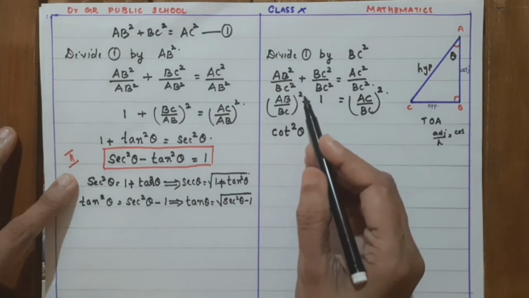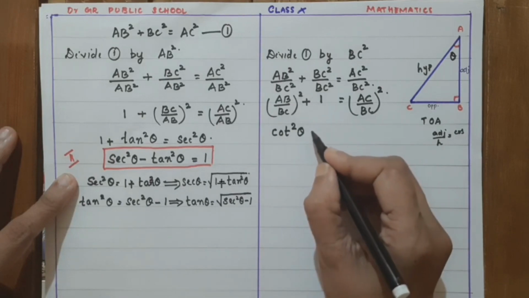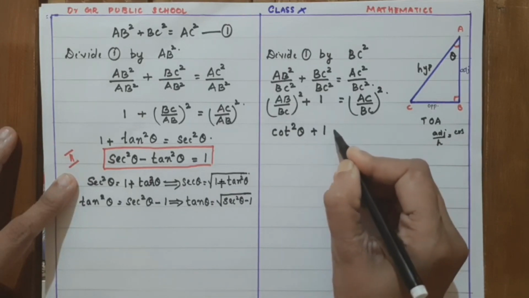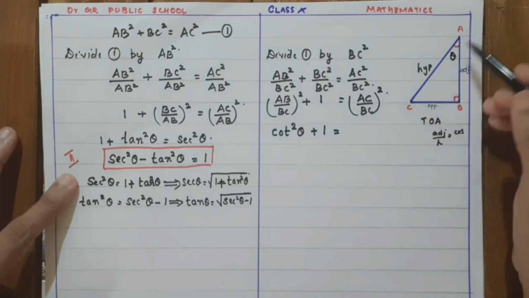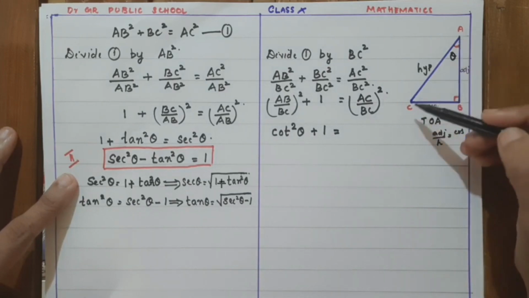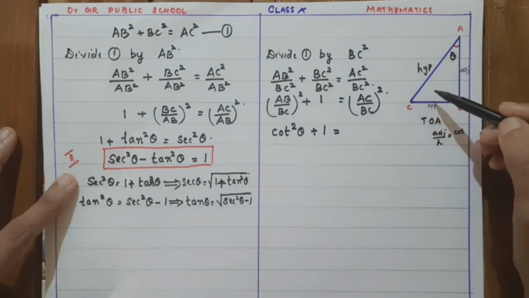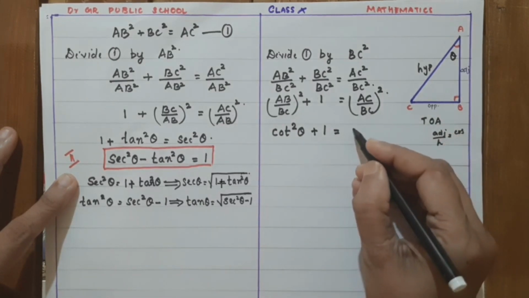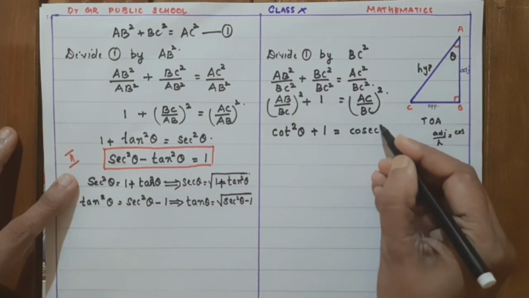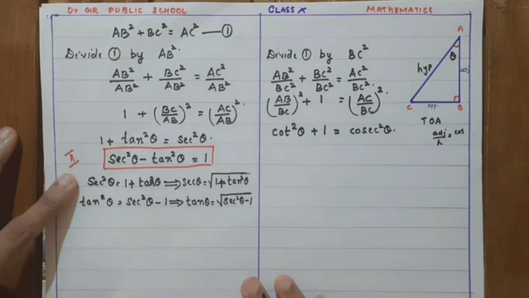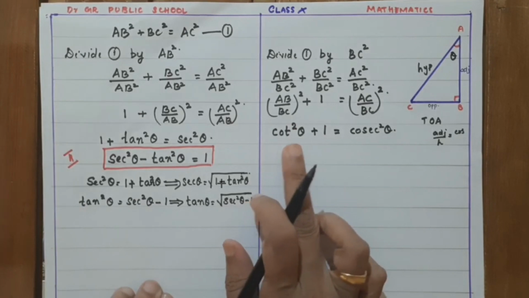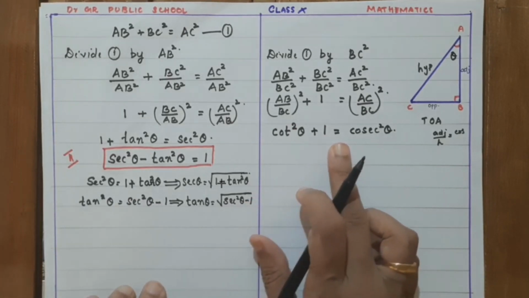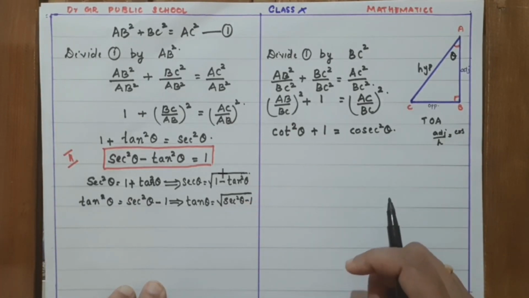So AB by BC whole square is cot square theta, plus 1, equal to what is AC by BC? AC is the hypotenuse. Hypotenuse by opposite side is cosec ratio, isn't it? So it can be written as cosec square theta. So we got cot square theta plus 1 is equal to cosec square theta.